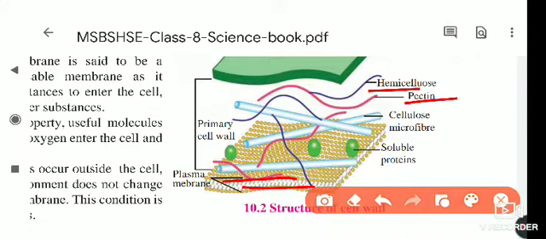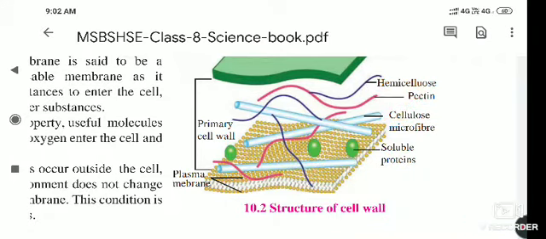Cellulose microfibers are present inside it, as we see fibers in plants. Soluble proteins are present here.